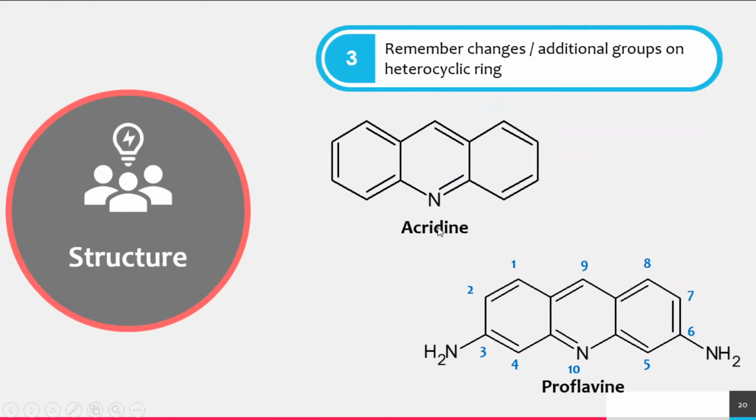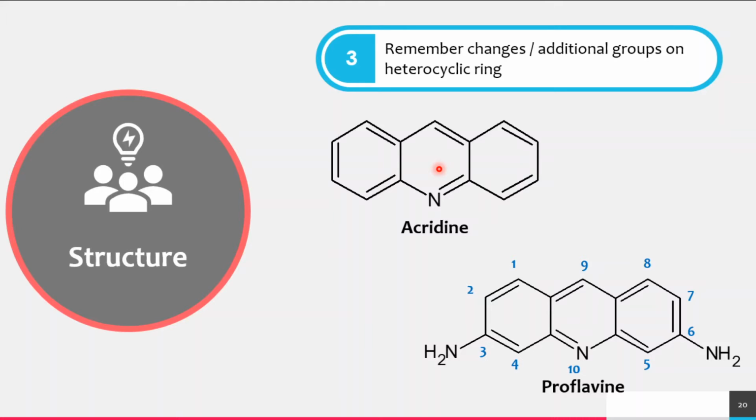So dear friends, now you know the structure of the heterocyclic ring and you have drawn the structure of proflavin, that is the drug, and then try to point out the differences between these two structures, meaning what different additional groups are added on the structure of acridine so that it will transform into the structure of proflavin. Just try to observe it and try to remember what changes or additional groups are present on the heterocyclic ring so that it will become the structure of proflavin.